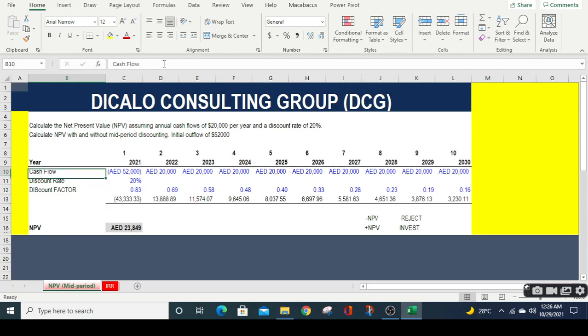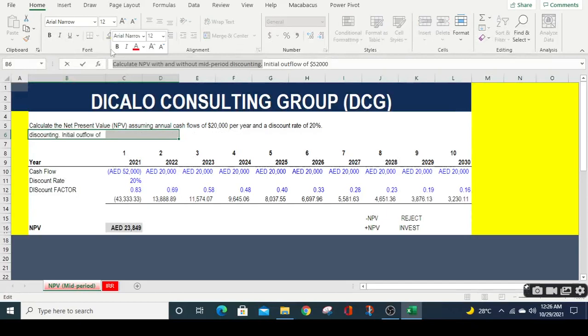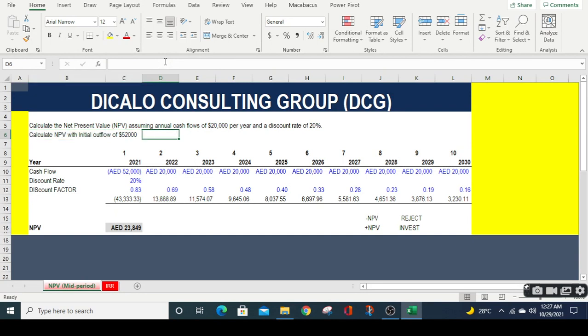Now they have given us a question here. The question is: compute the net present value assuming that the annual cash flows are 20,000 per year and a discount rate of 20%. And then they are saying that the initial cash flow here is $52,000.